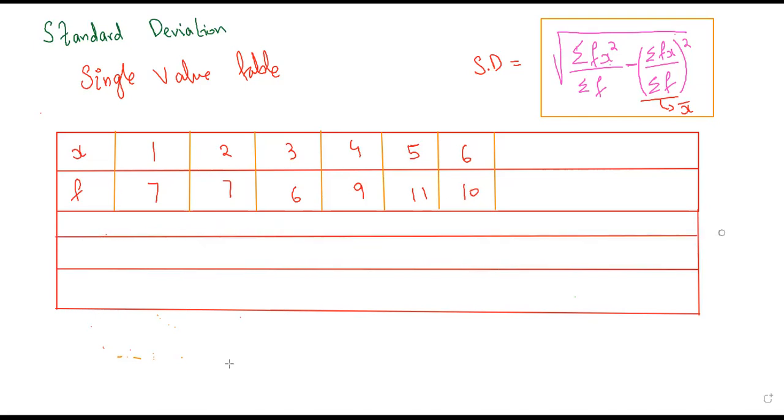First of all, let's talk about x squared. 1 squared is 1, 2 squared is 4, 3 squared is 9, 4 squared is 16, 5 squared is 25, and 6 squared is 36. Step 1 was to write down the x squared. All right, what would be the next thing? Can anyone tell me what else is needed?